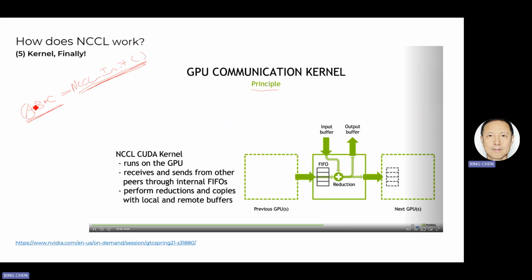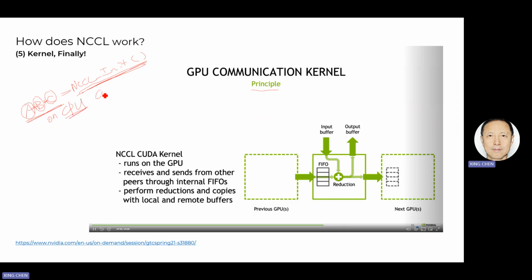What we need to bear in mind is that step A, step B, and step C, all these steps, the NCCL function call and the initialization of the NCCL communication, are going to be executed on the CPU, not the GPU.